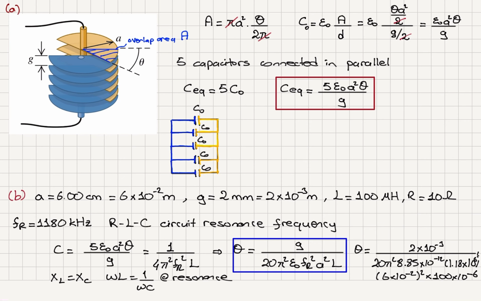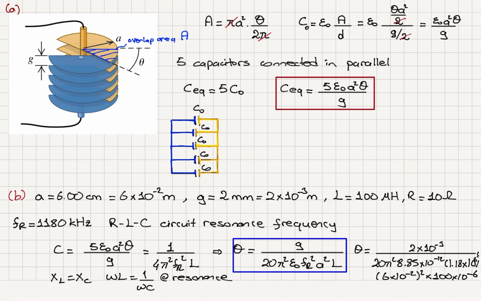Now I want this to be part of an RLC circuit where the resonance frequency of the circuit is determined by the AM signal, which is 1180 kilohertz. In order to have this RLC circuit at resonance, omega square should be equal to 1 over LC. So XL is equal to XC at resonance, which means that the capacitance should be equal to 1 over omega square L. Omega square is 4 pi square FR square, and there's this L here.